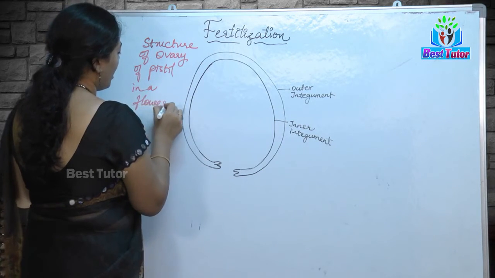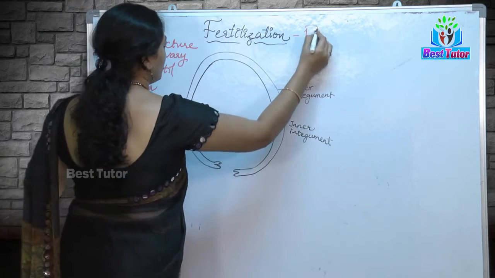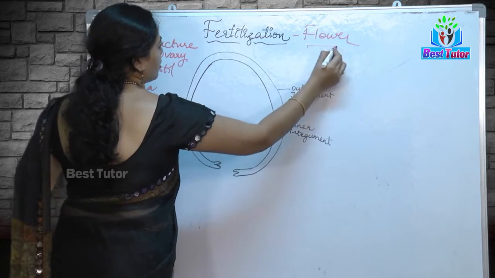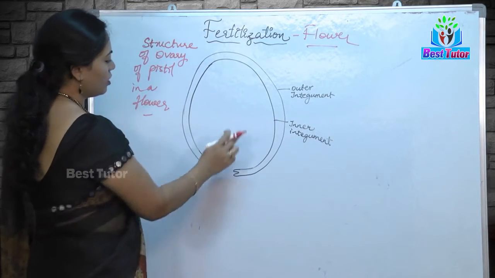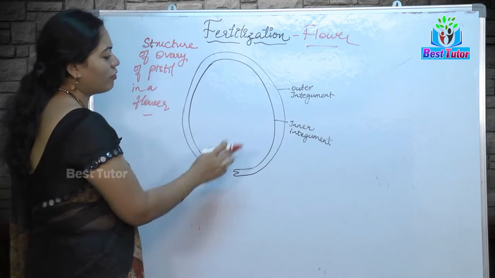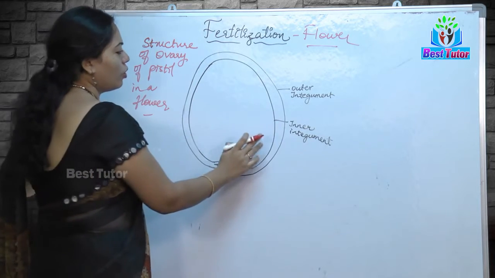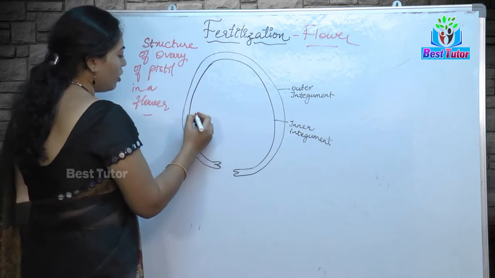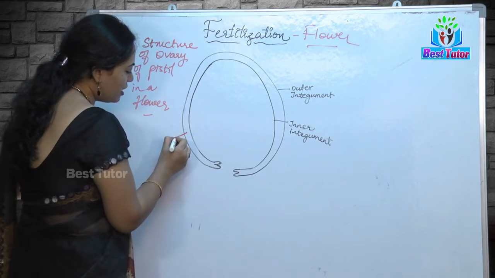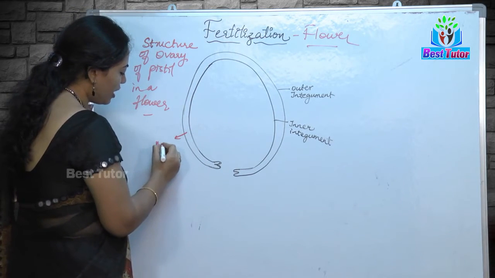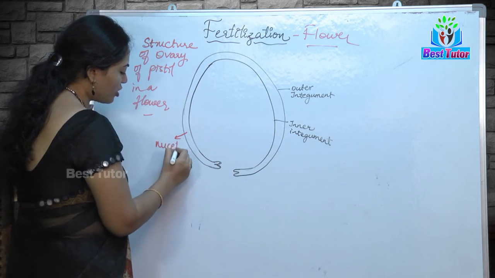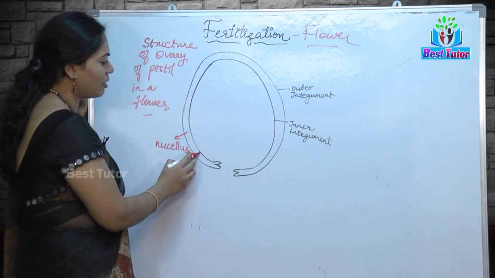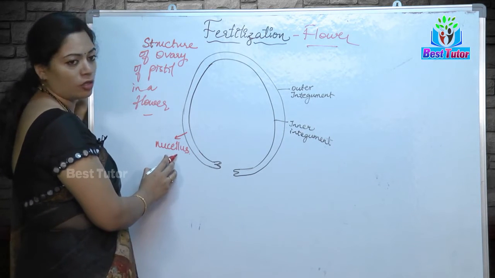We are talking about fertilization in flower, children. Each ovule will have two outer coverings known as outer integument and inner integument. These integuments are in turn filled with a nutritive structure known as nucellus. A nutritive substance is present in between these two integuments, known as nucellus.